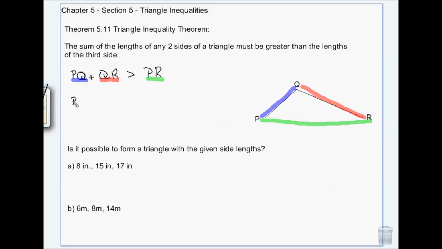Likewise, if I take PQ and I add it to PR, it has to be greater than QR. I don't think it'll ever be less.